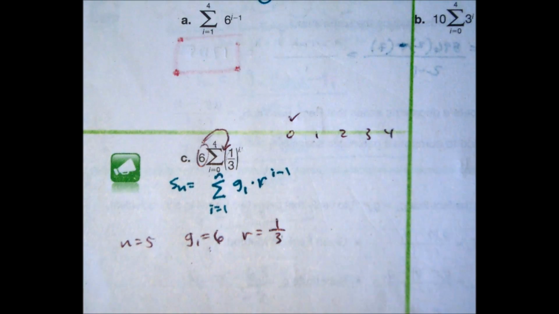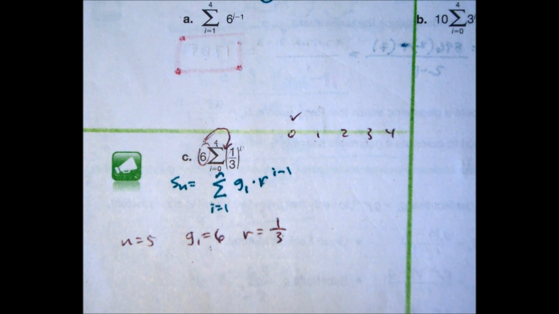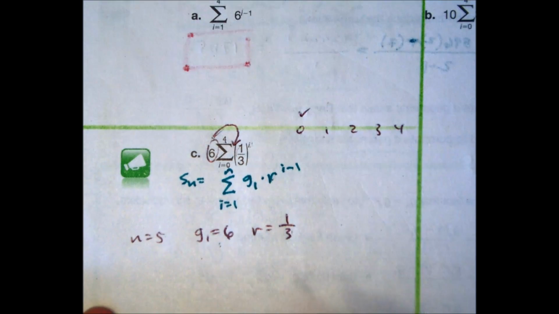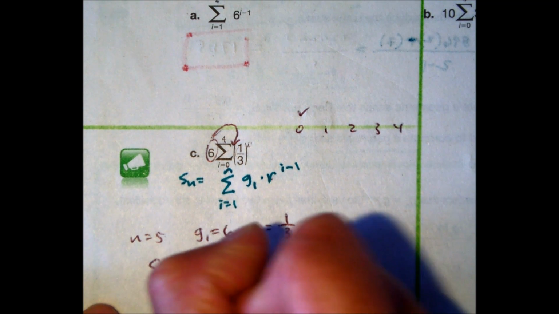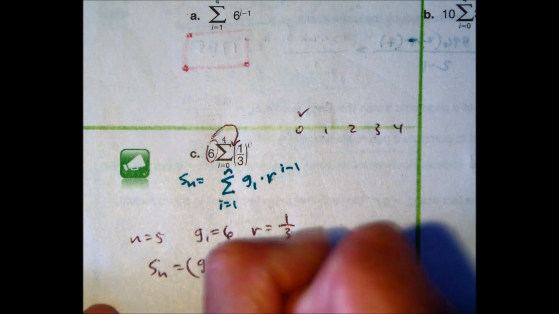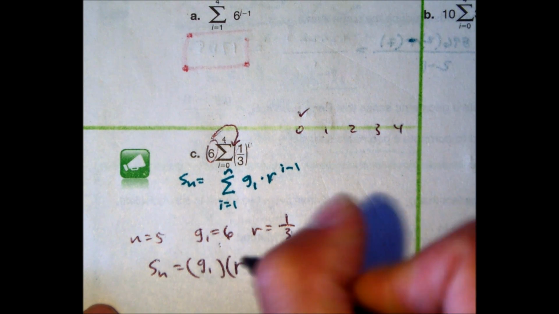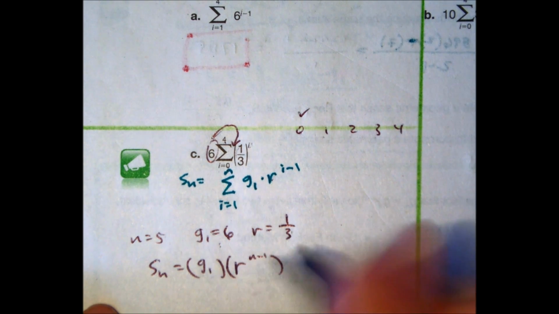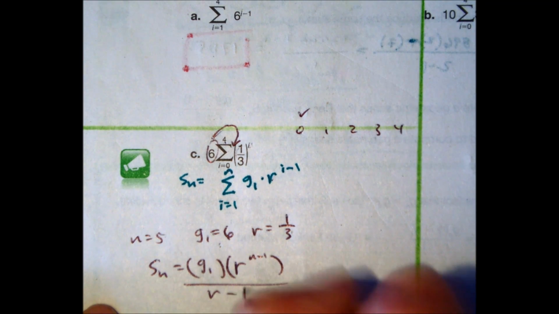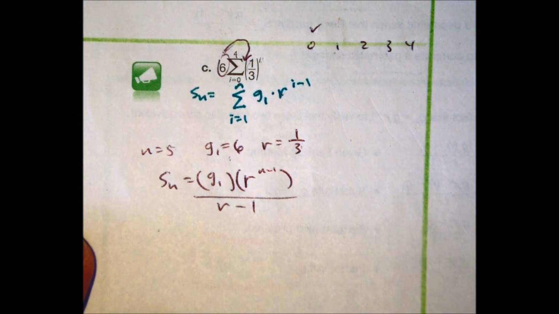Okay? Now, I can use the formula we talked about above. Sn equals G1 times r to the n minus 1 over r minus 1. And all I have to do there is just do my substitution and then simplify.